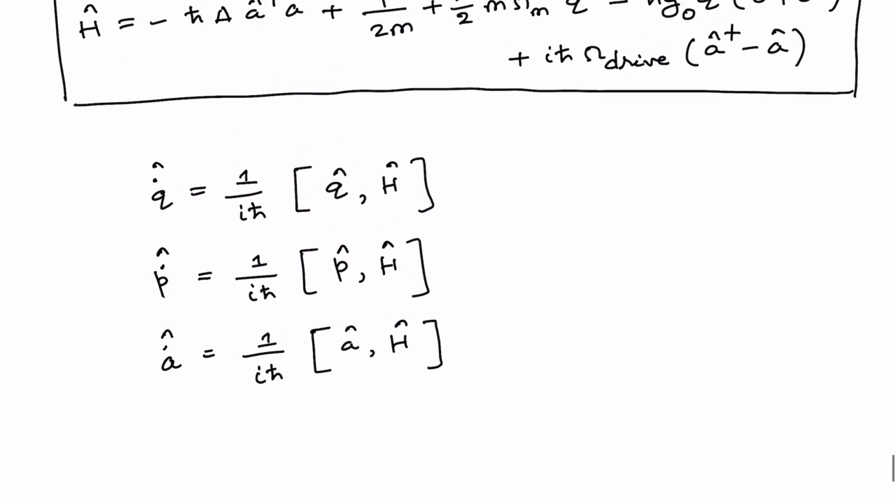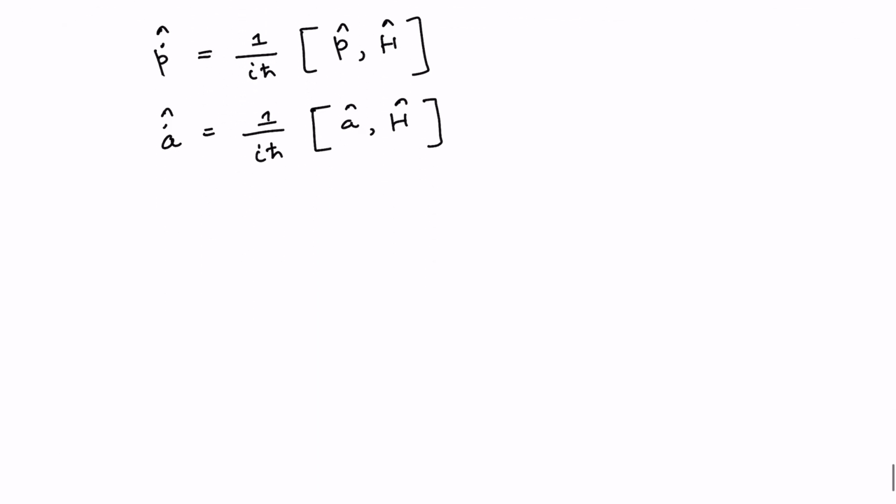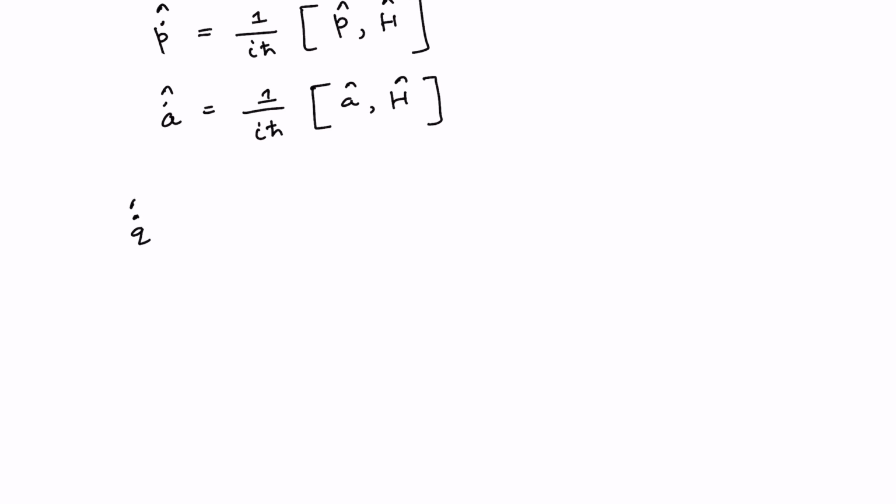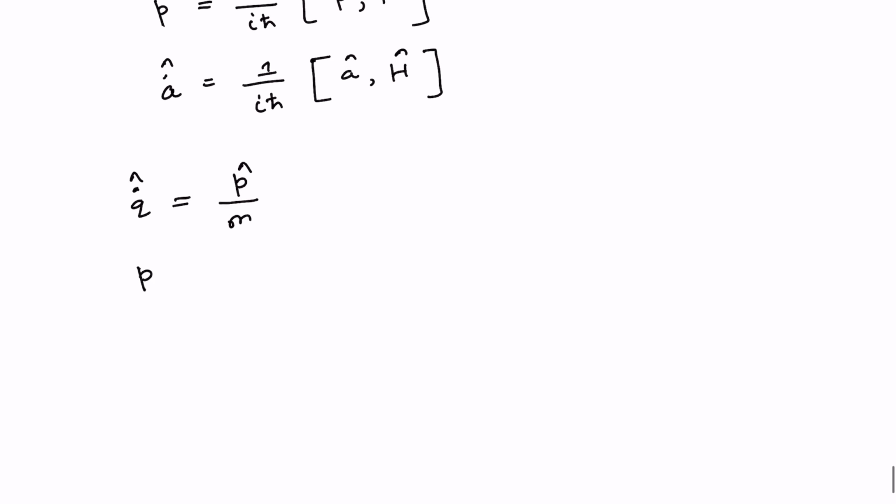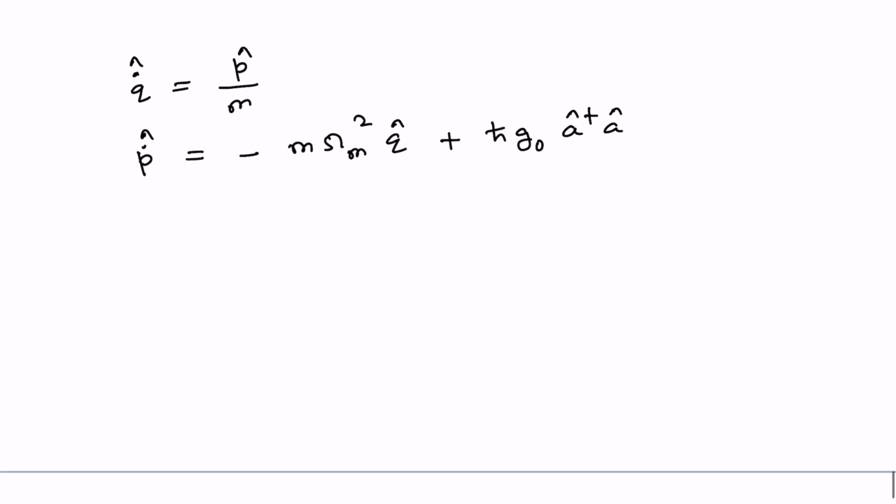Hamiltonian. You can utilize this Hamiltonian and show that you are going to get q dot equal to p by m, and p dot equal to minus m omega m square q plus h bar z0 A dagger A, and you will get A dot equal to i delta A plus i z0 q A plus omega drive.